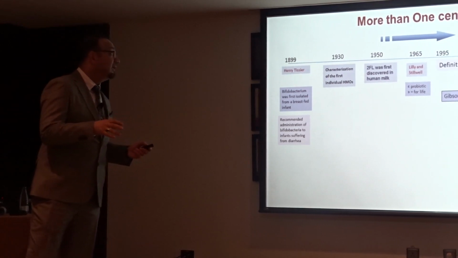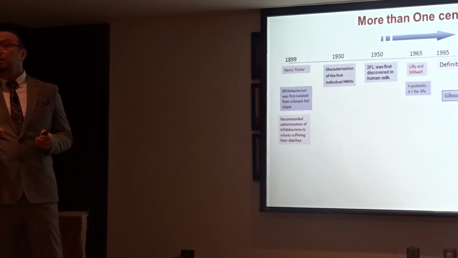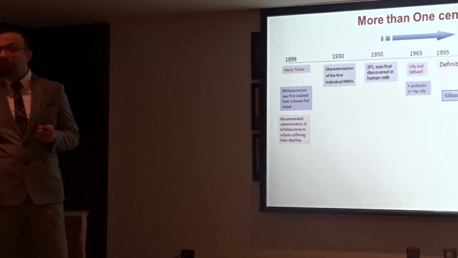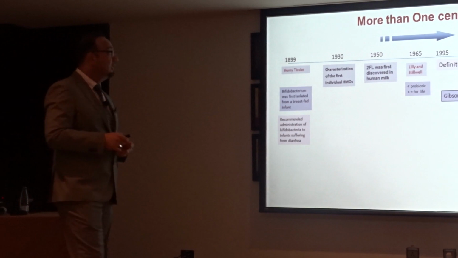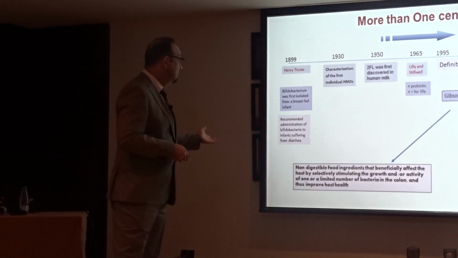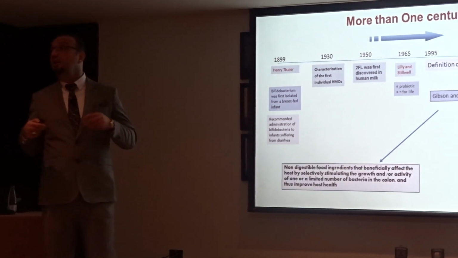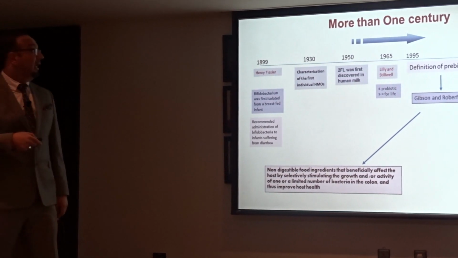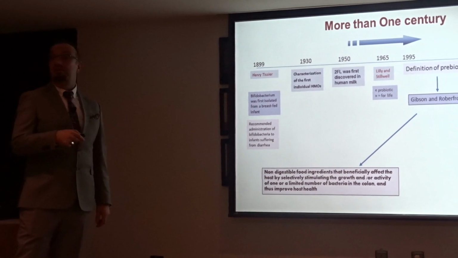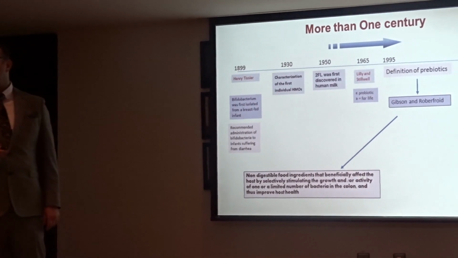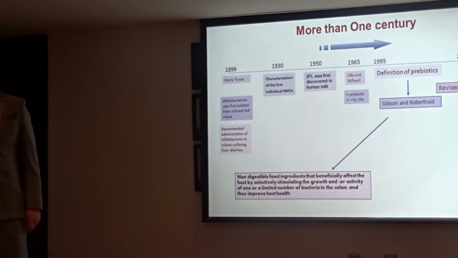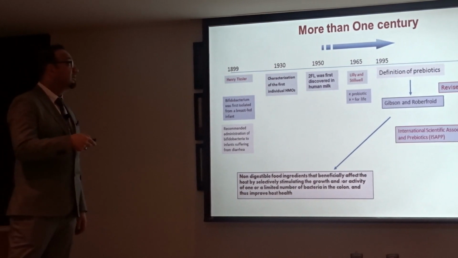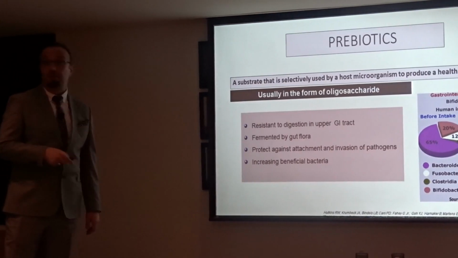Then in 1995, the definition of prebiotic was introduced, which is the non-digestible ingredients that selectively enhance the growth of beneficial bacteria. In 2016, they updated the definition of prebiotic, and in 2018, HMOs were launched.